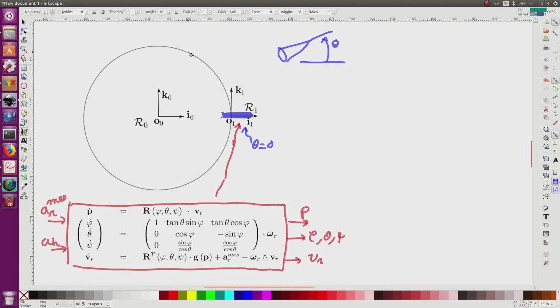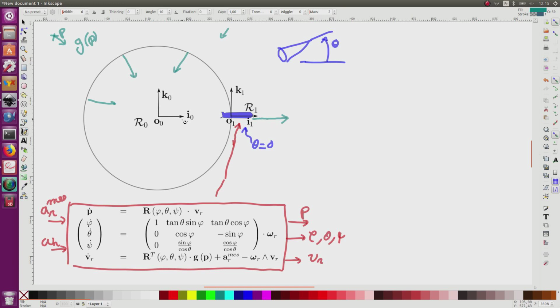Here on the Earth we have the gravity like this, and if we are far, the gravity becomes smaller, like this, and it depends on the position P, so it corresponds to g of P. So when we are here for the blue robot, the inertial unit is able to feel an acceleration in the opposite direction like this.